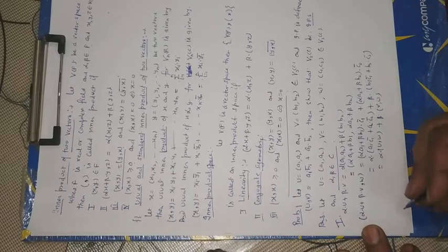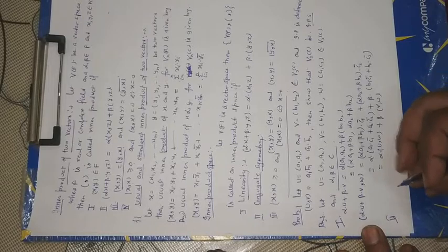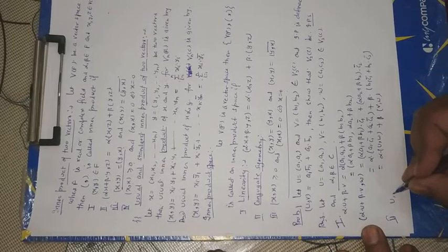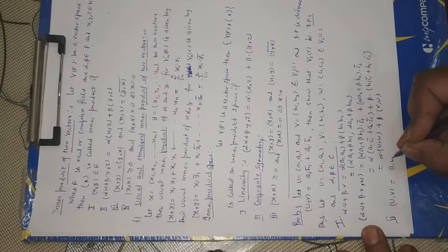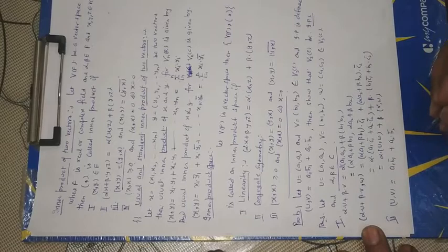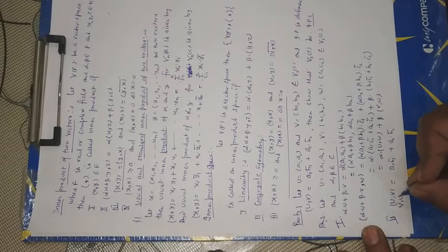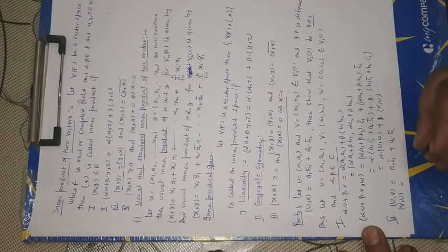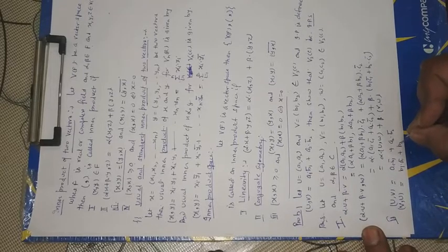Now second property, conjugate symmetry. Take u inner product v is equal to a1 b1 bar plus a2 b2 bar. Now v inner product with u can be written as b1 a1 bar plus b2 a2 bar.